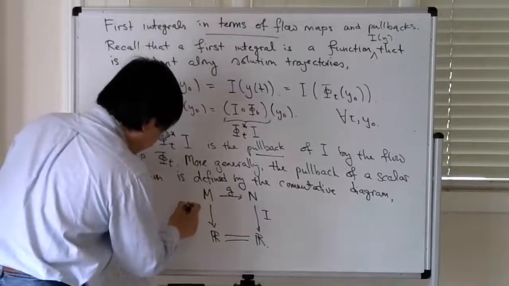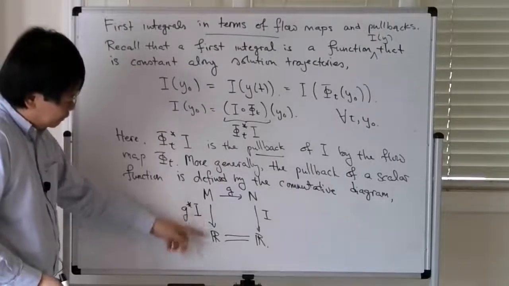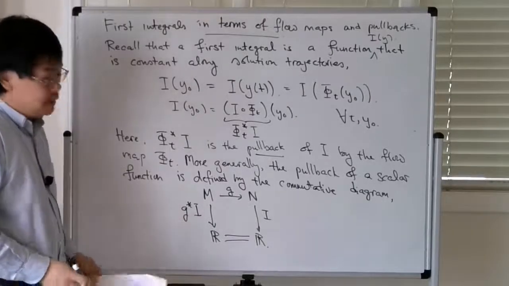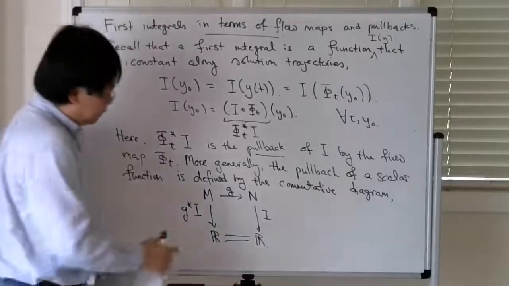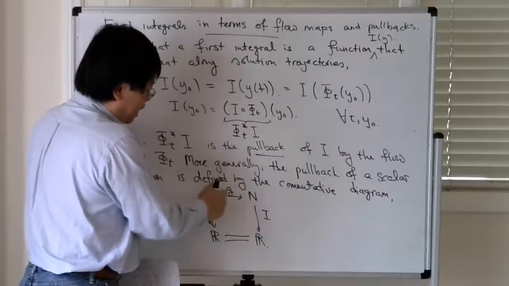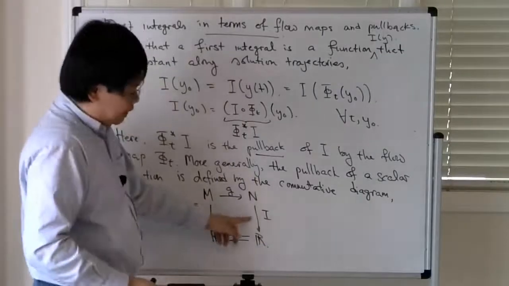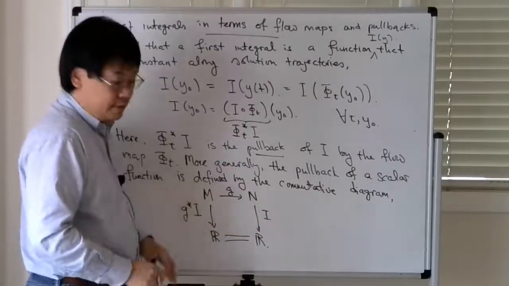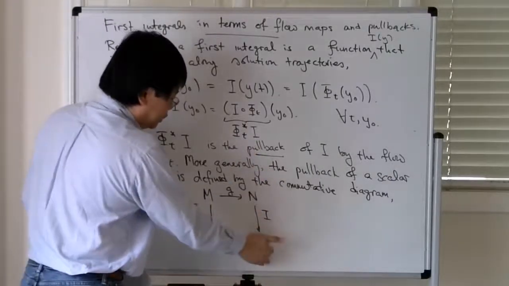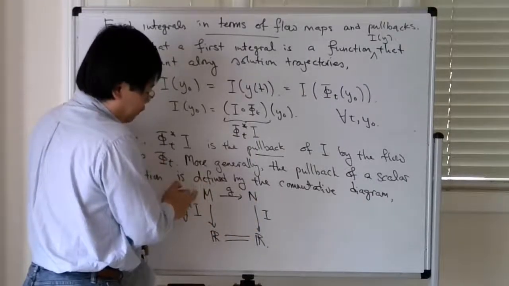Okay, it's scalar valued, and then I'm going to identify these two copies of the reals. Okay, so the diagram basically is completed by the following. Okay, so this map here, from M to R, is the pullback by G of the function I. And the reason, of course, why this is called the pullback is because you start off with a function in the target space of the map G. G is a map from M to N, and you have a scalar valued function on N. Okay, so by making this diagram commute, what you've done is you've taken this function I, which maps N to the reals, and you've pulled it back to a map now from M to the reals.